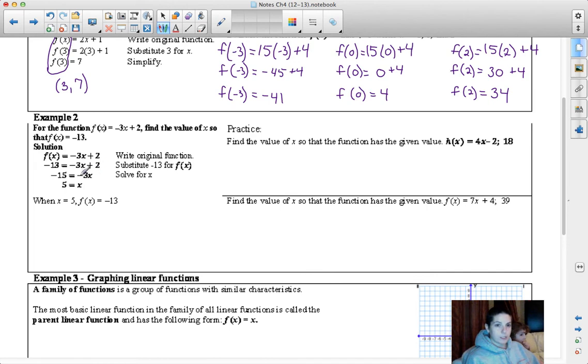We subtract 2 from both sides so that negative 15 equals negative 3x. Divide both sides by negative 3 so that positive 5 is equal to x. So when x is equal to 5, f of x equals negative 13. Or we might also write the function notation as f of 5, because remember that's what we plugged in, is equal to negative 13.